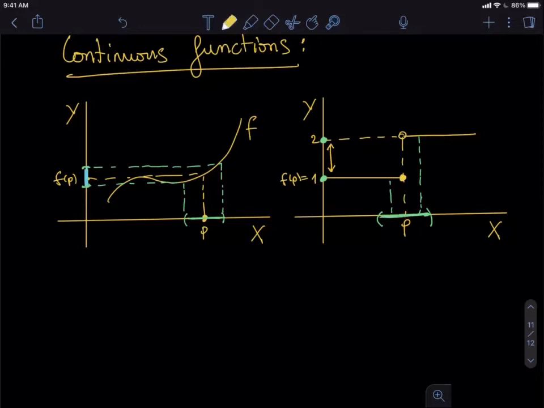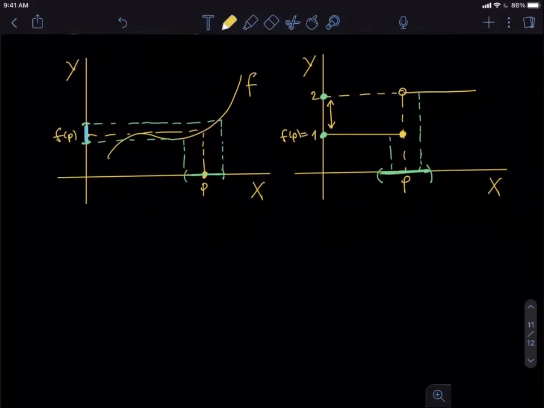So now what we need to do is to write this down mathematically. And that is the definition of continuity.